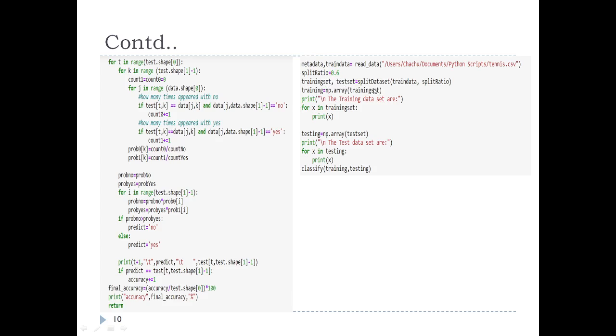Then we'll display the training data set and test data set using these statements. Then we'll call the classify function to classify the testing data based on the training data.